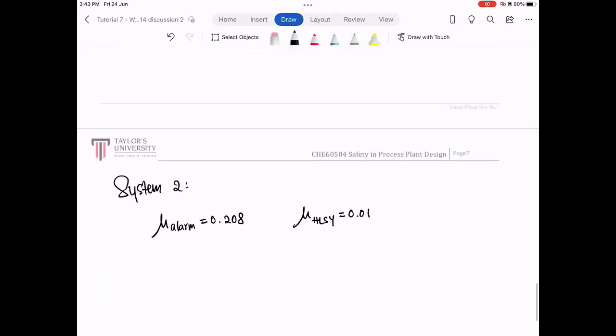So the reliability of this is 1 minus 0.208, and this is 1 minus 0.01.